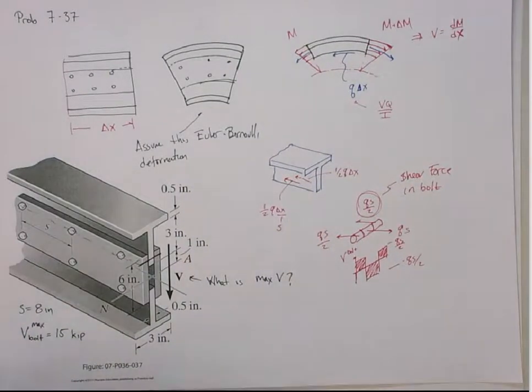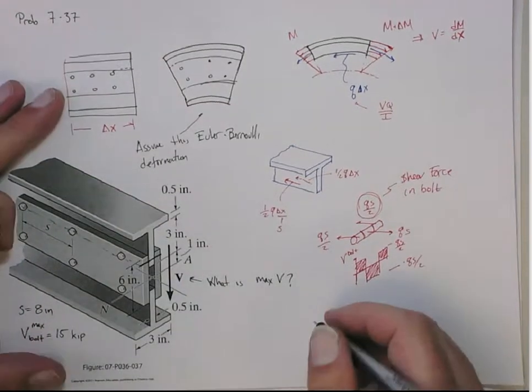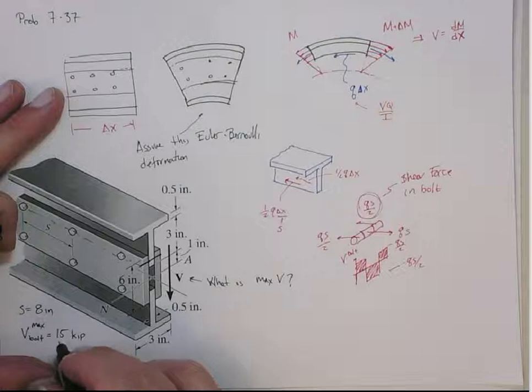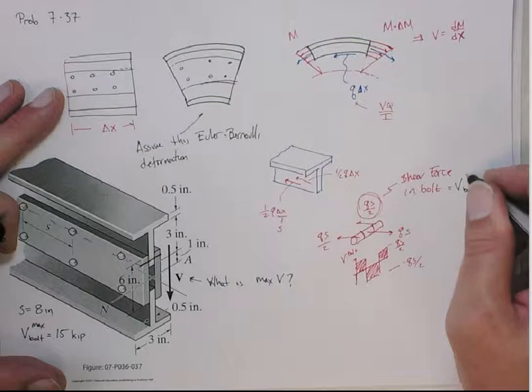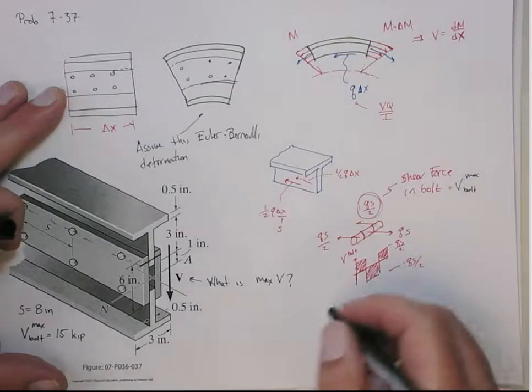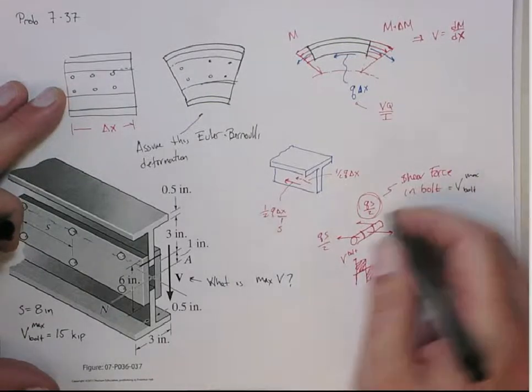I know I'm doing this a little bit out of order the way I normally do this stuff, but this is the V max in the bolt. So this is V bolt max, right? So we know that has to equal 15.